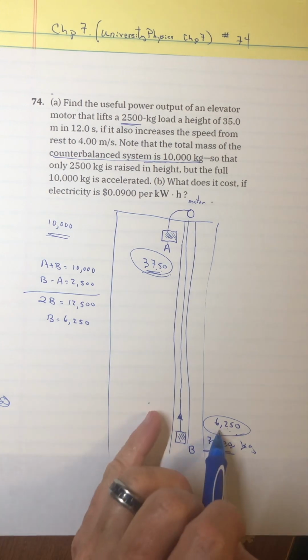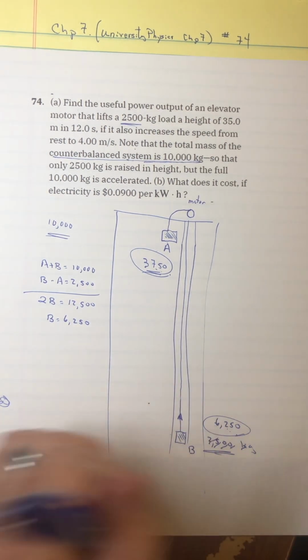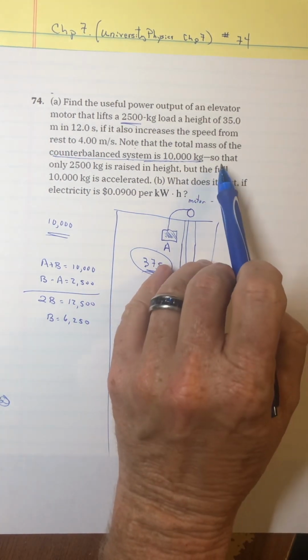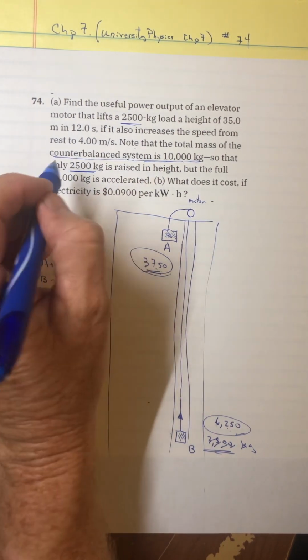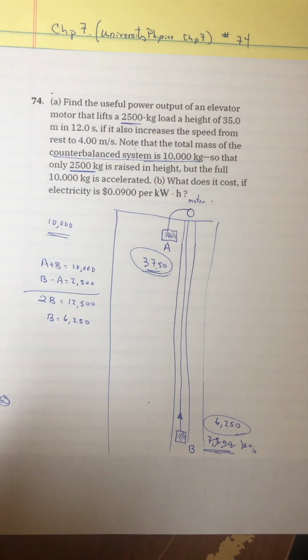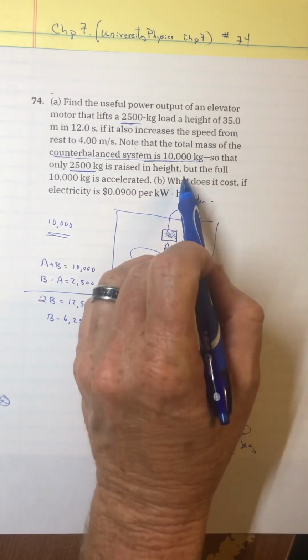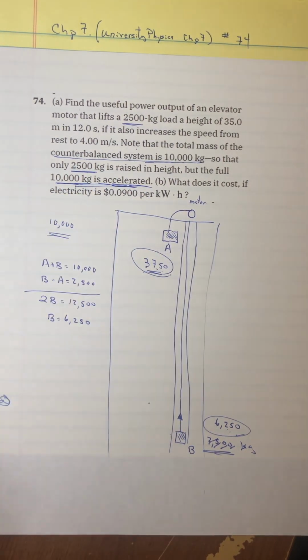And this, when you subtract from that, is 2,500 more. That's why they give this. They say so that you're only equivalently lifting the difference, 2,500. But both of these are going to be moving. And so it says the full 10,000 gets accelerated. That's the key to this problem.